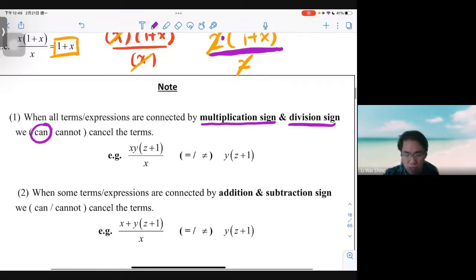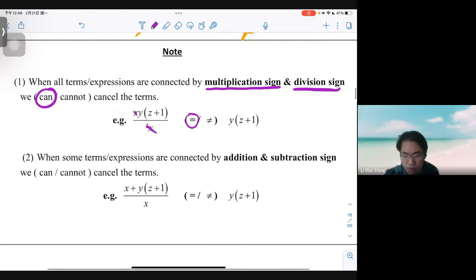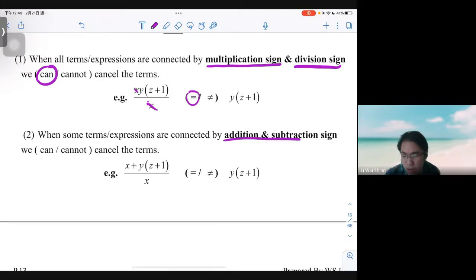For example, this time, all the terms here, they are connected by multiply sign. So that's why you can cancel out the x. However, if all the terms are connected by addition sign and subtraction sign, we can't cancel out the term because there is a plus sign here.